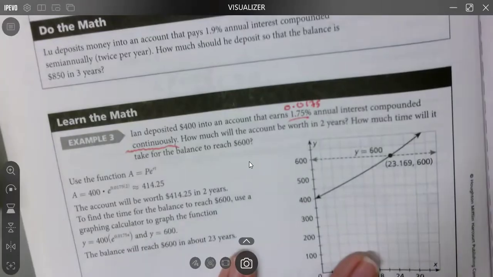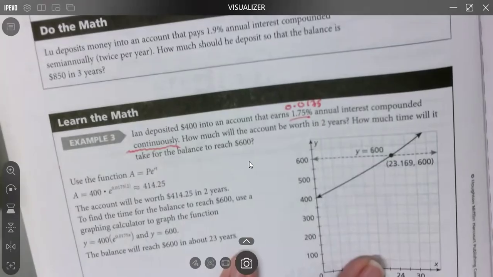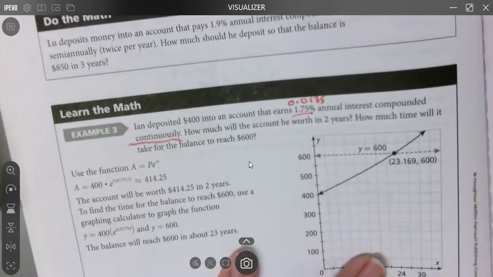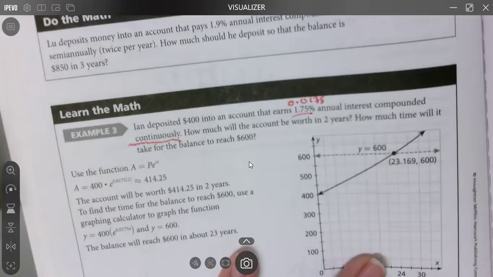Monthly's really normal, so N would equal 12. You could do daily interest, so N would equal 365 because we have 365 days a year, right? Or you could do it twice a day, so N would be like 700 or 800 something, right? You could do 3 times a day. Now you're going to be closer to 1,000.